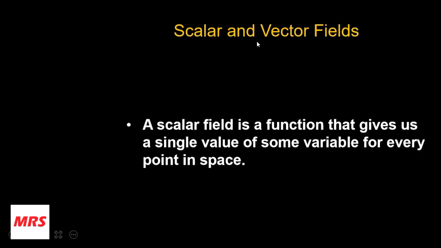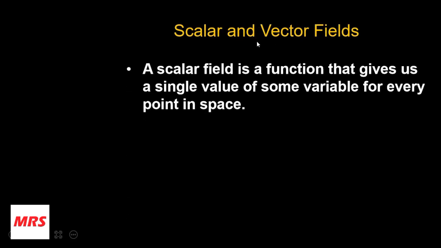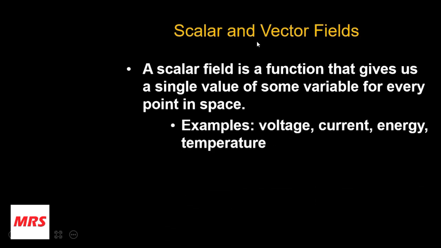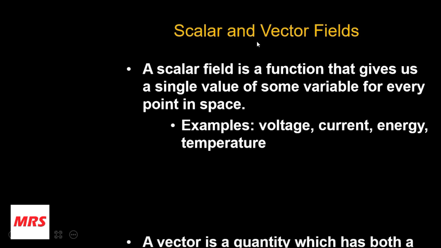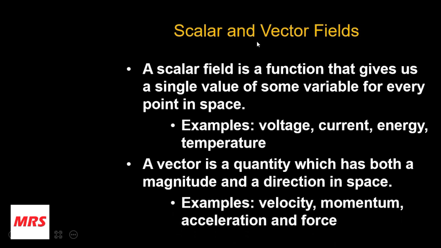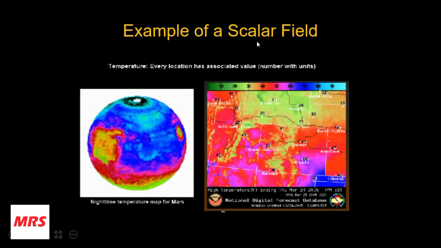Scalar and vector fields. A scalar field is a function that gives us a single value of some variable for every point in space. Examples for scalar quantities are voltage, current, energy, temperature. A vector is a quantity which has both a magnitude and a direction in space. Examples are velocity, momentum, acceleration, and force.